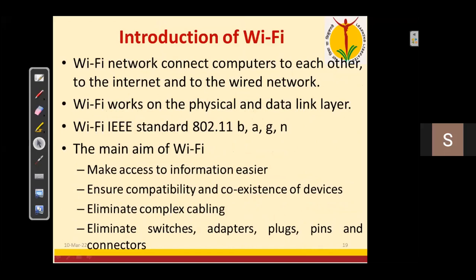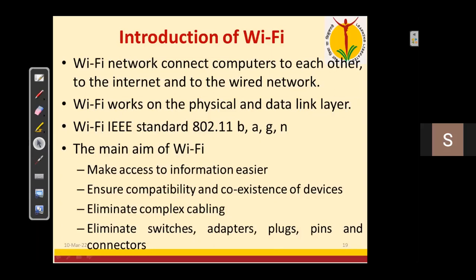Basically this Wi-Fi is for the internet. You can connect the wired network through this Wi-Fi technology and access broadband from those devices. Wi-Fi works on the OSI model's physical and data link layers.